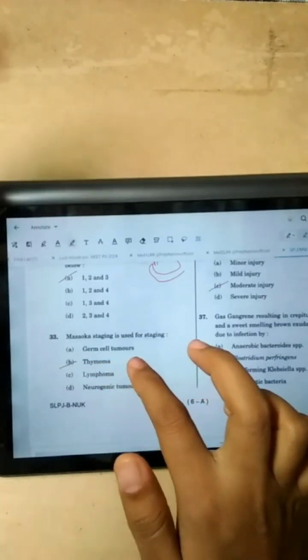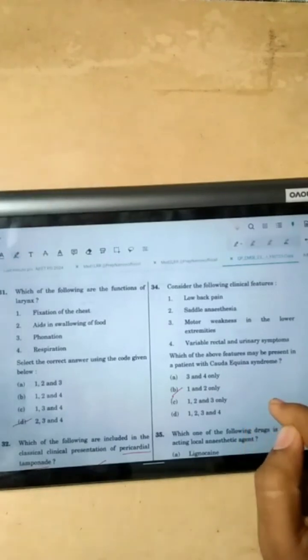Masaoka staging is for thymoma. Which of the following clinical features are present in a patient with cauda equina syndrome? Cauda equina, so there won't be any rectal, only urinary. So option 4 is out, not this one, not this one.